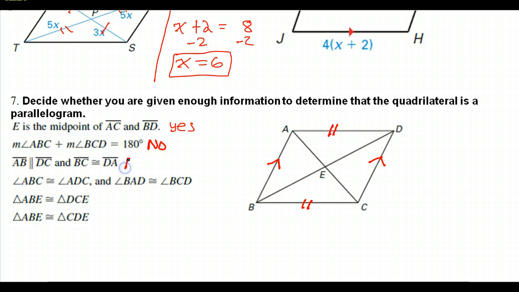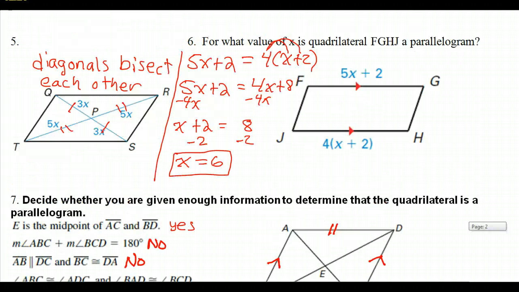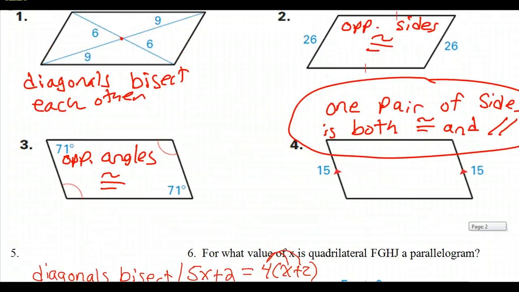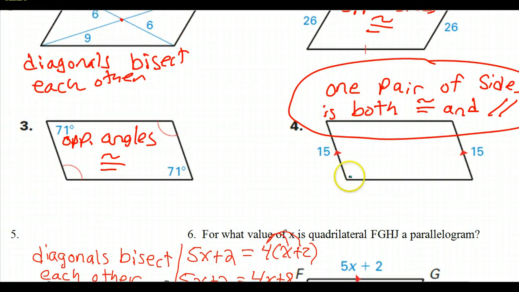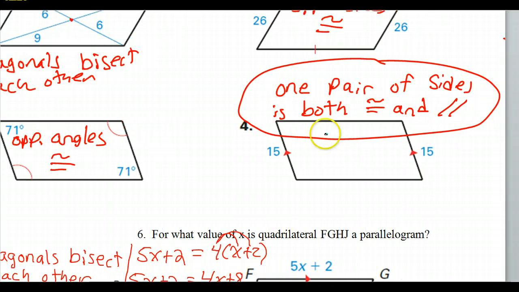No, it is not. Okay, there is a theorem that involves having a pair of sides that's congruent and a pair of sides that's parallel. It's the reason why number 4 is a parallelogram. But the key is it has to be the same pair of sides.